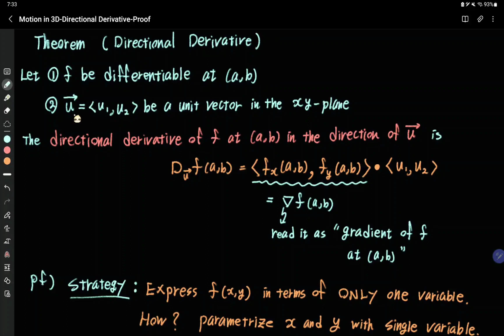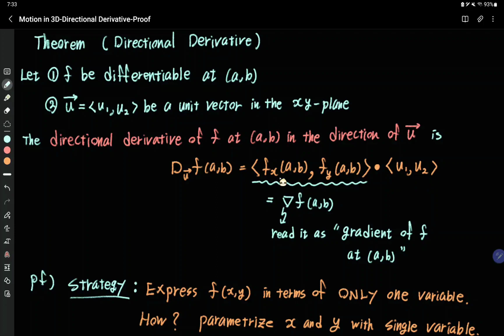Second one, let vector u be a unit vector in the xy plane. Then the directional derivative of f at (a, b) in the direction of vector u can be computed by the dot product of the gradient, which is the vector whose components consist of the partial derivatives of f with respect to x and y, with the unit vector u.